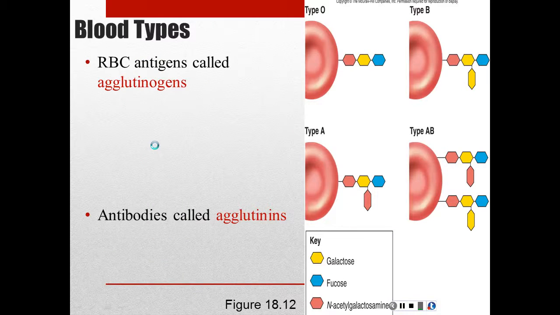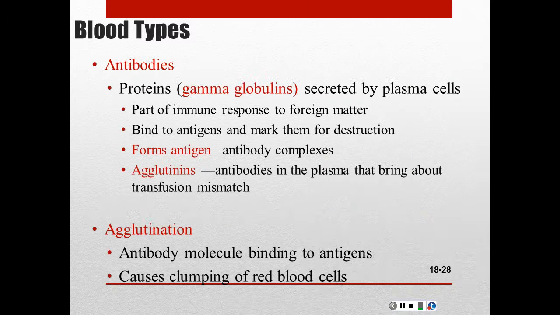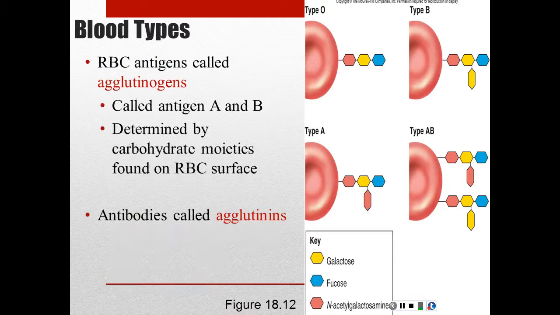So our RBC antigens are called agglutinogens. They're called antigen A and antigen B, and they're determined by the carbohydrate moieties found on the red blood cell surface, like I mentioned earlier.